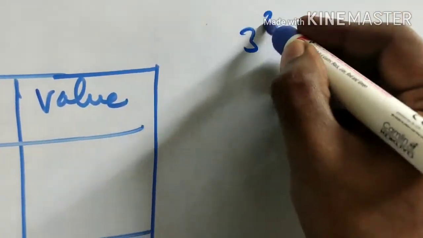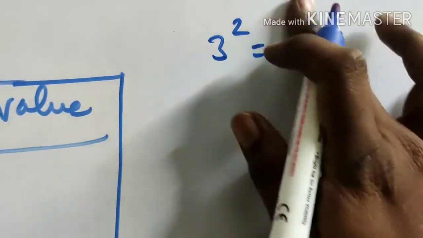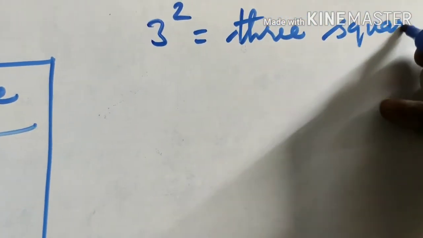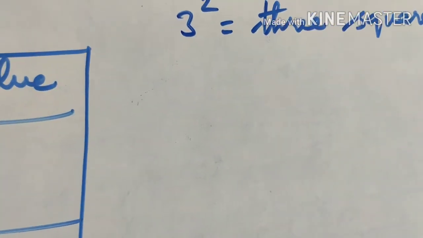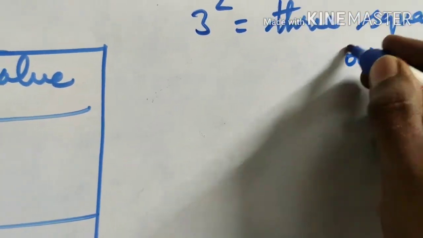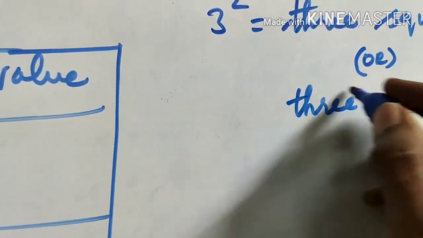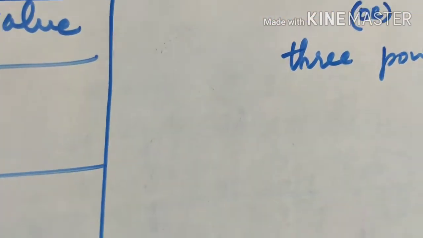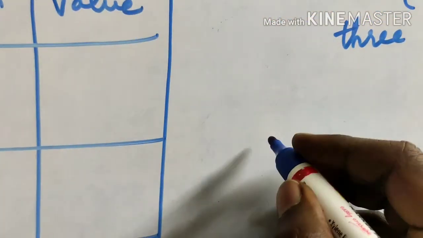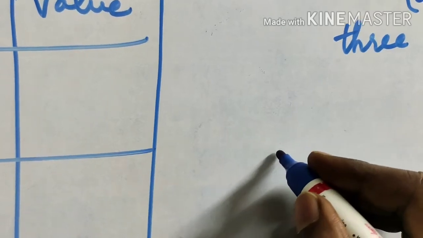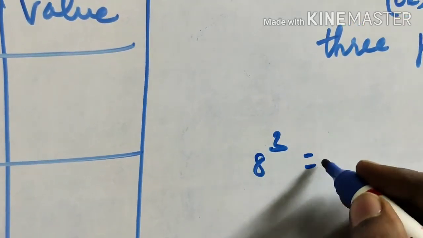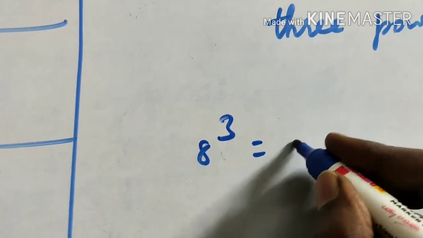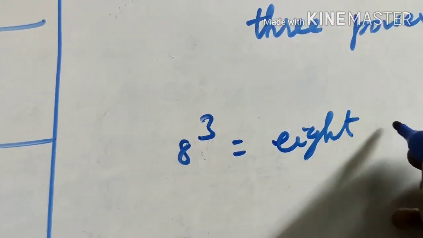Similarly, if you take 8 power 3, this can be read as 8 power 3 or 8 cubed.